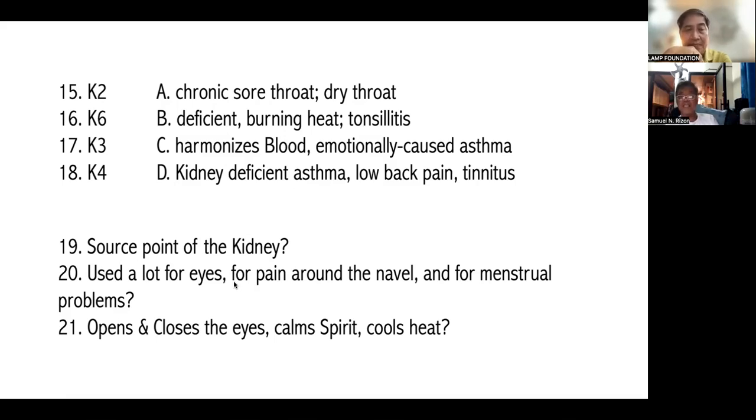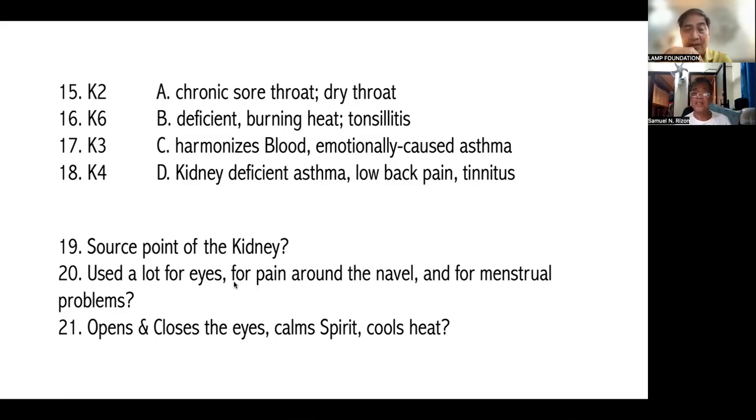Kidney 3, what is kidney 3? It's the yuan source point. My answer is letter, sorry, letter... Kidney 3 is a source point.